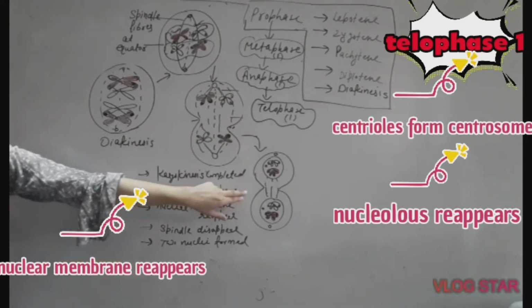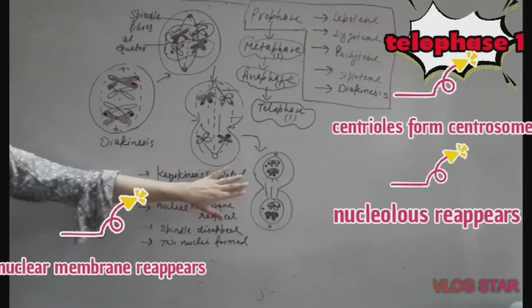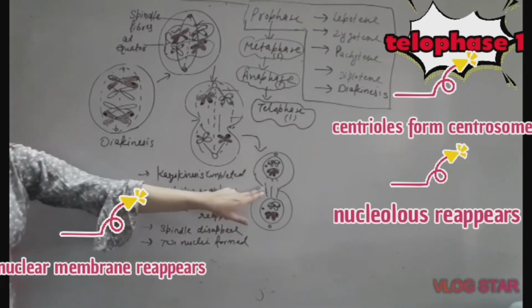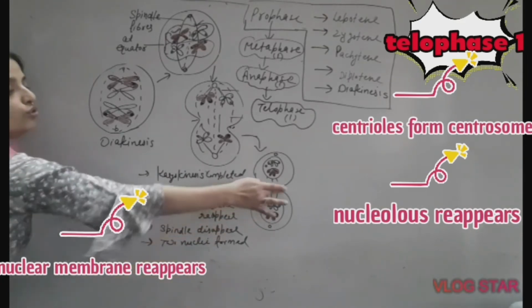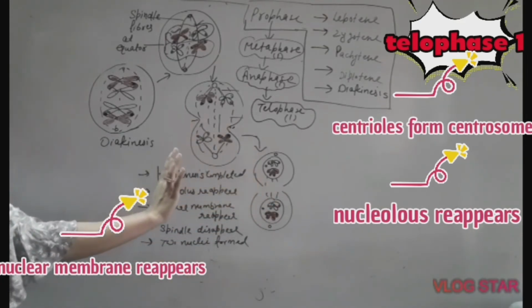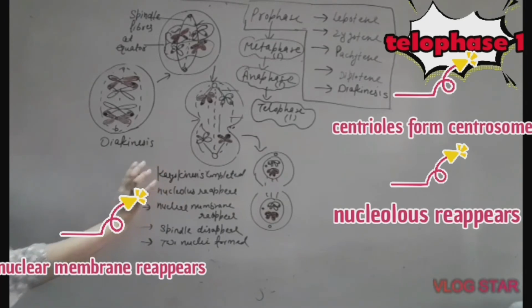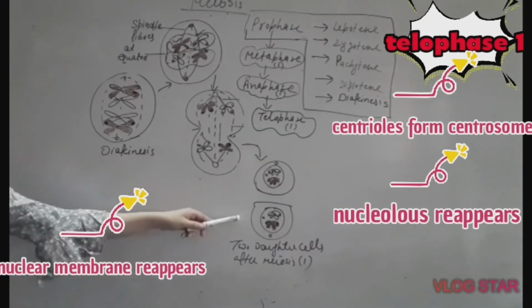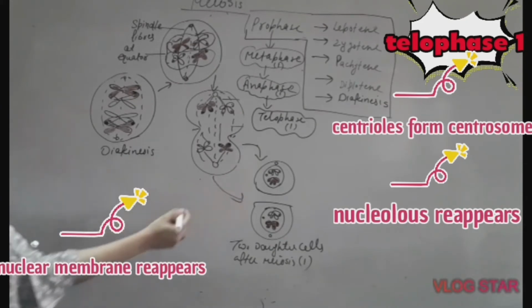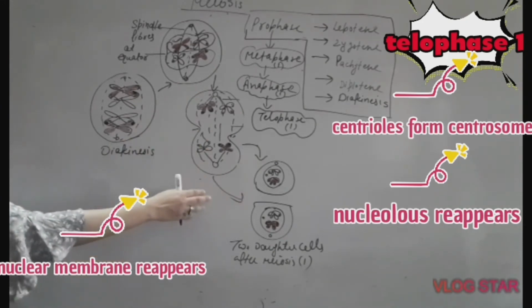In telophase, cell division gets completed, the cytoplasm finally divides, and you can see the formation of two daughter cells. So these are two daughter cells from one parent cell after meiosis 1 gets completed.